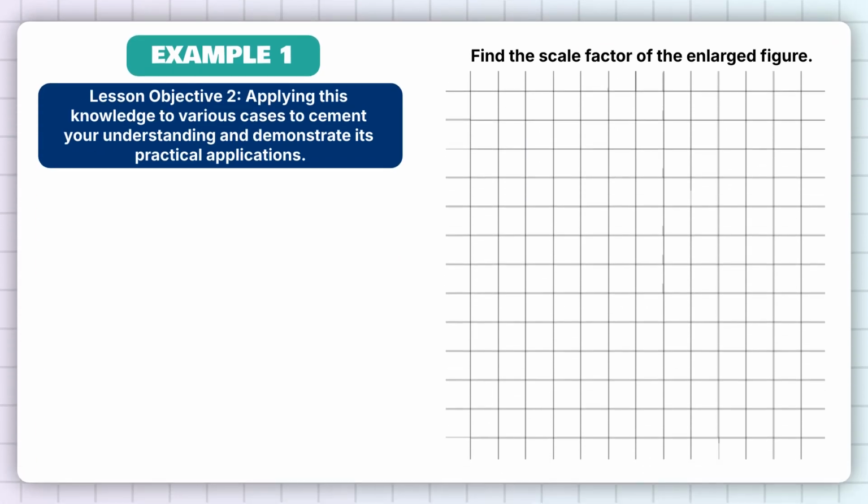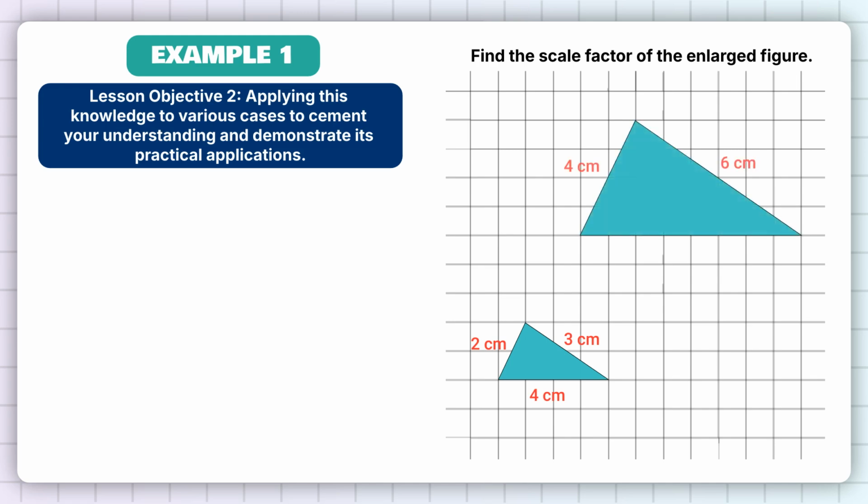Let's start with a simple example to understand how to find the scale factor by measuring enlargements of geometric figures. Imagine you have a small triangle with sides 2 centimeters, 3 centimeters, and 4 centimeters. This triangle is then enlarged to a new triangle with sides 4 centimeters, 6 centimeters, and 8 centimeters. To find the scale factor, you compare the lengths of the corresponding sides of the original and enlarged triangles.